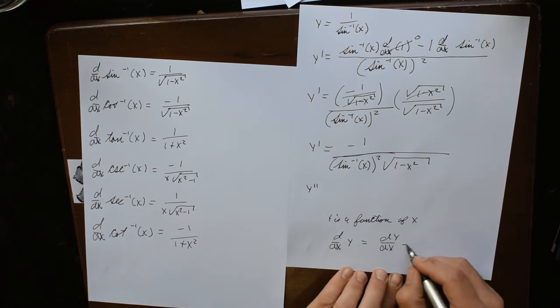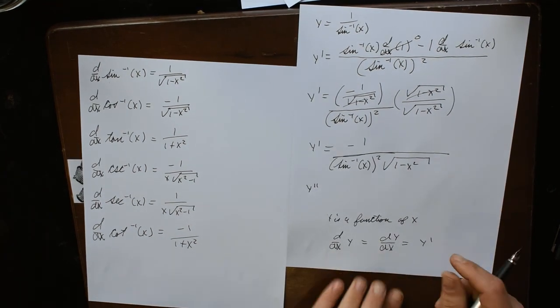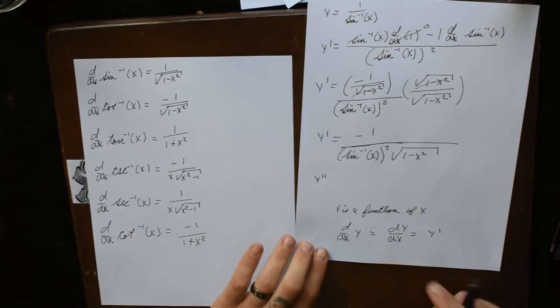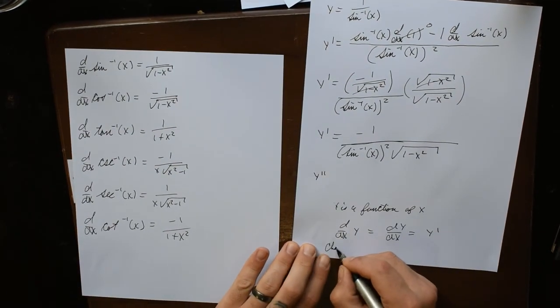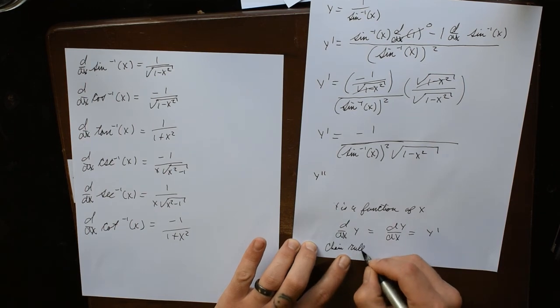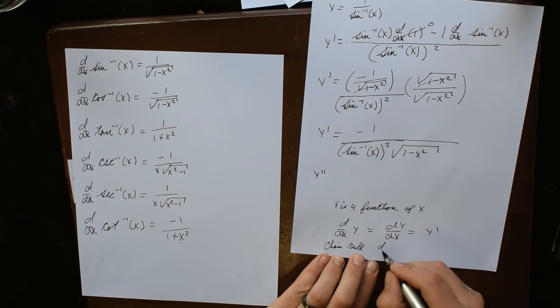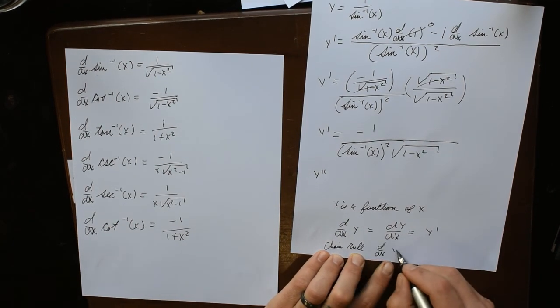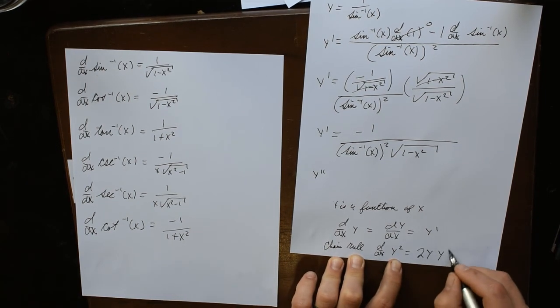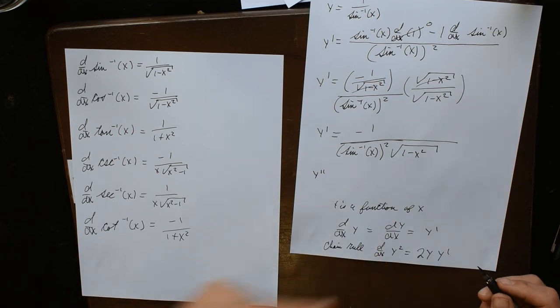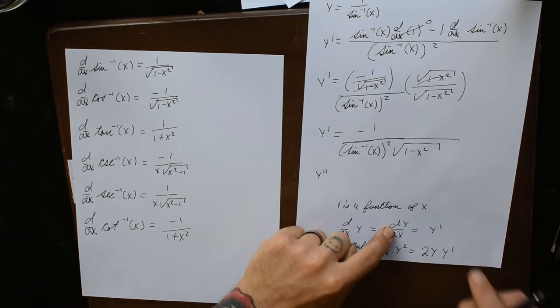For a lot of examples, we just called that y prime. Potato, potato. You have to use the chain rule for stuff like the derivative with regards to x of y squared. That becomes 2y y prime, or 2y dy dx. Once again, potato, potato.